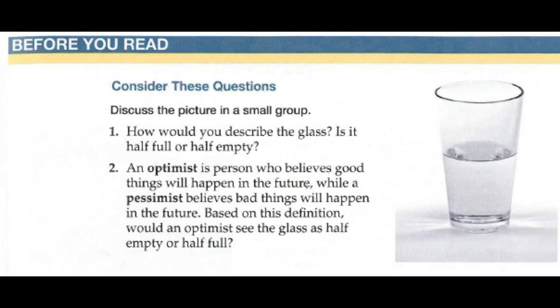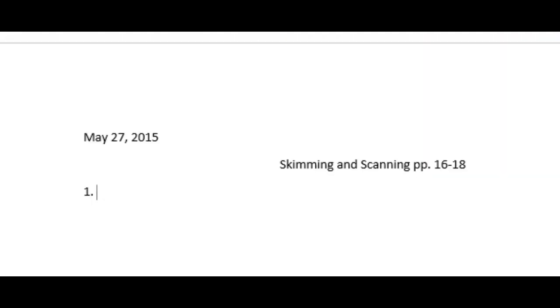It's kind of like the word but or however. Based on this definition, would an optimist see the glass as half empty or half full? Okay, so in your notebook, write number 2 and write a complete sentence that begins with a capital letter and ends with a period. Okay, pause the video to complete that activity.